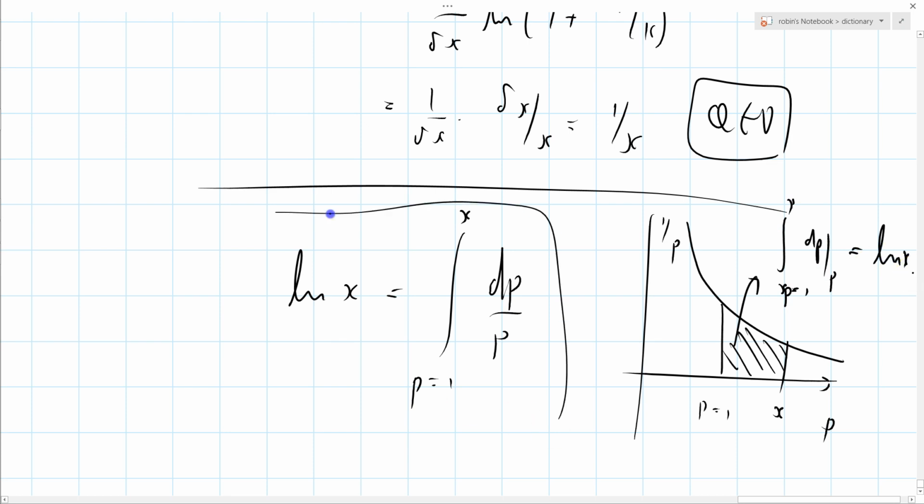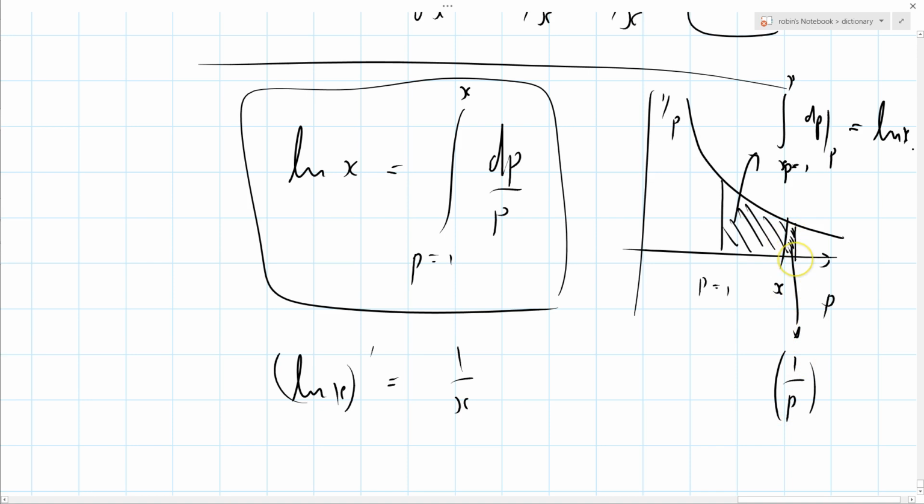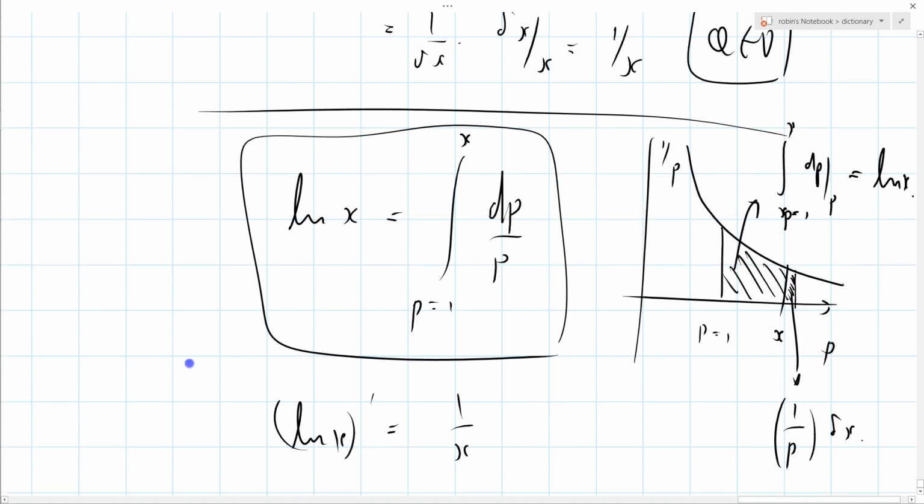And so from this definition we can see straight away that log x differentiated is just 1 over x, because when we add a little bit of area here, we get that little bit of extra area there, and that extra area is equal to 1 over p times delta x, I guess. So there's another way of seeing it.